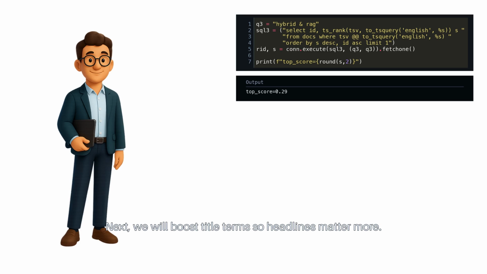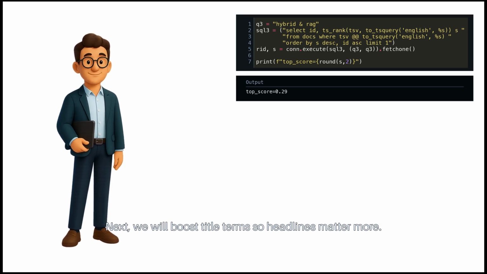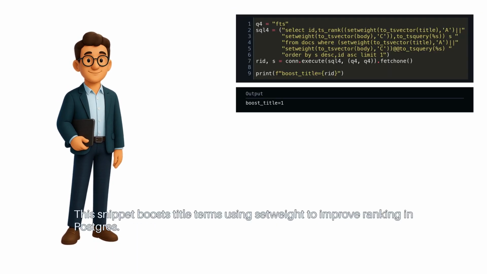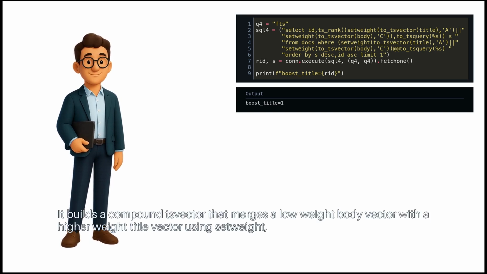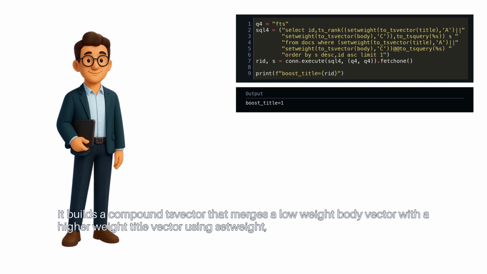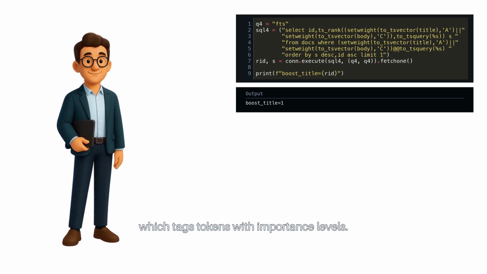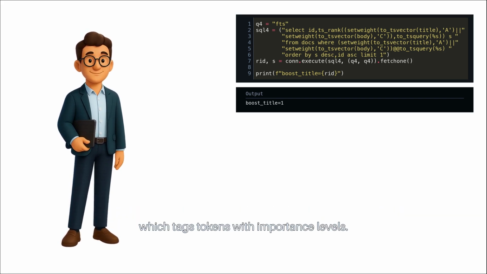Next, we will boost title terms, so headlines matter more. This snippet boosts title terms using setweight to improve ranking in Postgres. It builds a compound tsvector that merges a low-weight body vector with a higher-weight title vector using setweight, which tags tokens with importance levels.